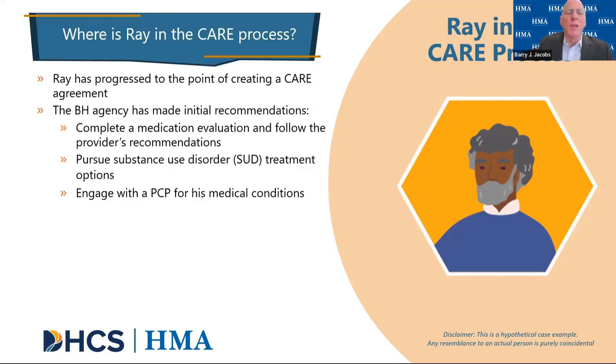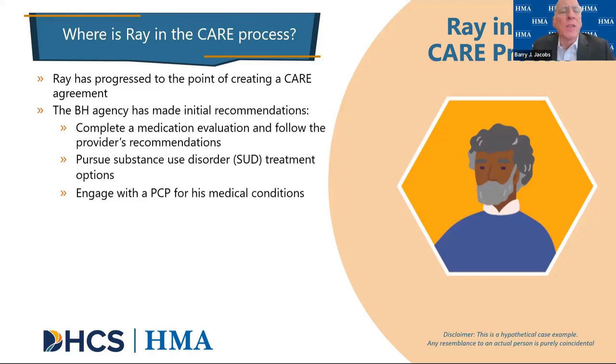So where is Ray in this CARE Act process? Well, he is now at the point of creating a care agreement. He's had an initial evaluation. He has not agreed readily to treatment, and he has not agreed readily to the treatment plan that has been proposed to him. So he and the court are in the process of making a care agreement.